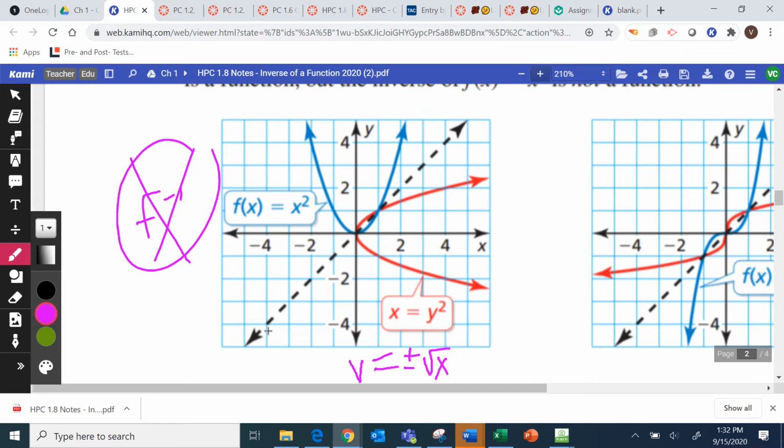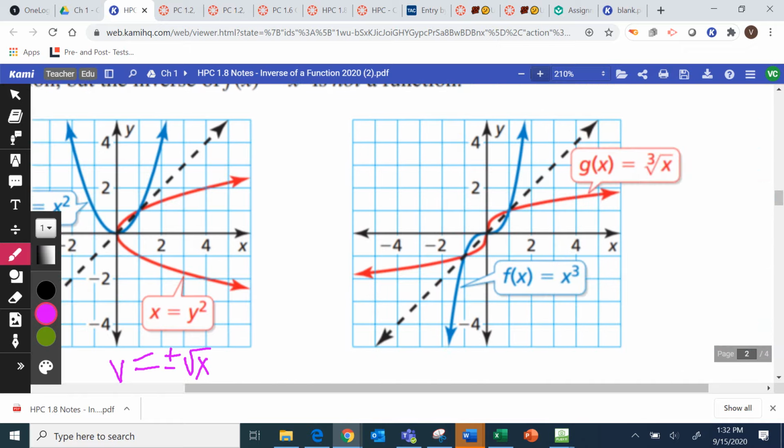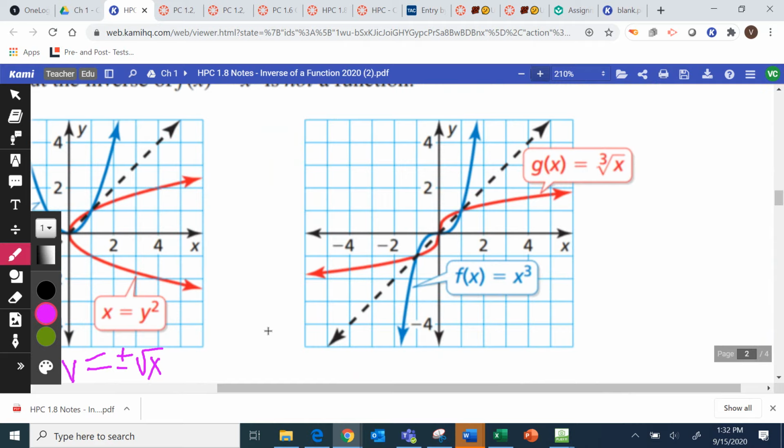Okay? Cubic or cube roots and cubic, they are functions. The blue, it's a little hard to tell until you can actually see the color difference. Can we see the color difference? Can you see it? Okay. Just want to check. So the blue one that has the arrow pointing to it, f of x equals x cubed. The red one, I'm going to rewrite so it looks like it is an inverse rather than just some random function.